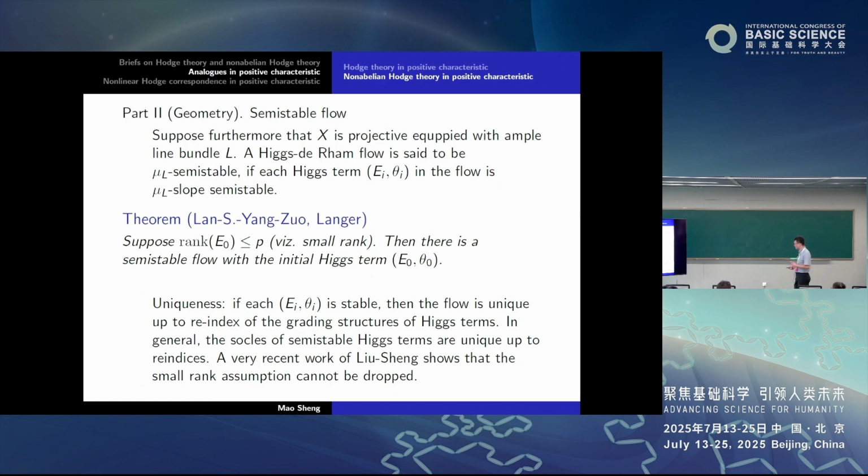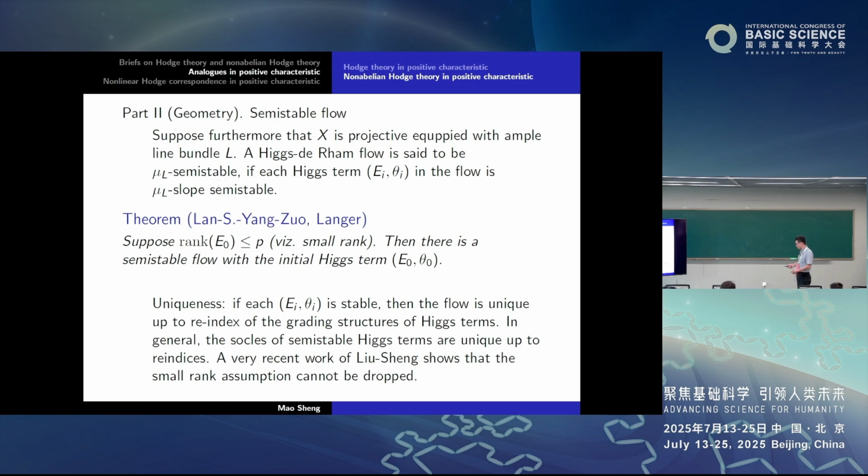Also the assumption on the rank is crucial. As I mentioned earlier in the theorem of Deligne-Illusie, you have the dimension small, and otherwise you have the counterexample by Petrov on the Hodge-de Rham degeneration. Here we have a similar phenomenon.